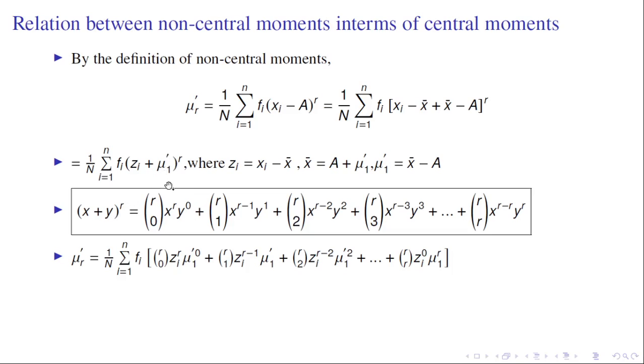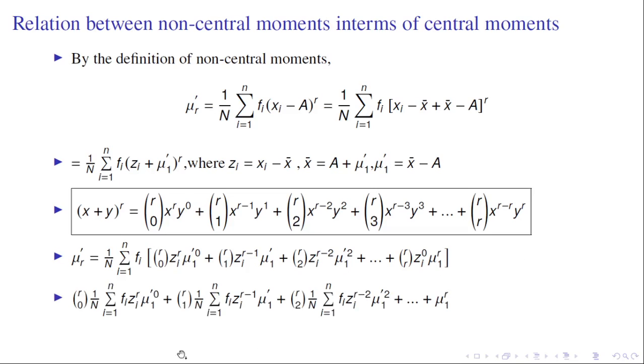Just expand: rC0 zi^r μ1'^0, rC1 zi^(r−1) μ1'^1, rC2 zi^(r−2) μ1'^2, plus so on, up to rCr zi^(r−r) μ1'^r. This is the expansion. Take this 1/n Σ fi inside the bracket and multiply all these terms.